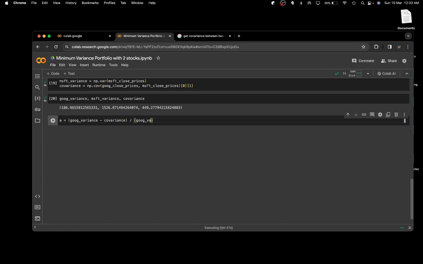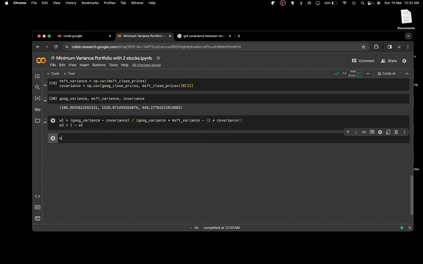Now that I'm writing it, it's actually not that large. Plus MSFT variance minus 2 times covariance. And so this is just going to be our W1, and then W2 is just going to be equal to 1 minus W1.